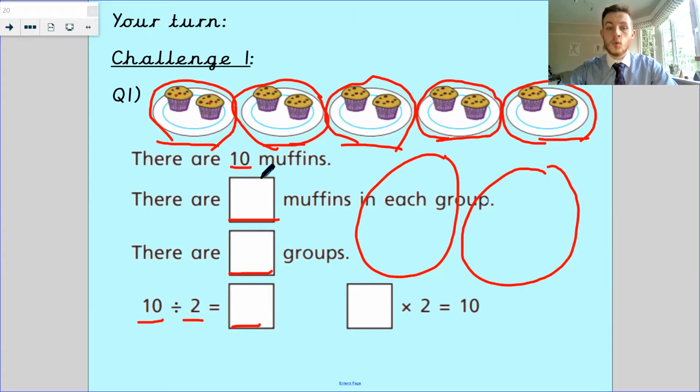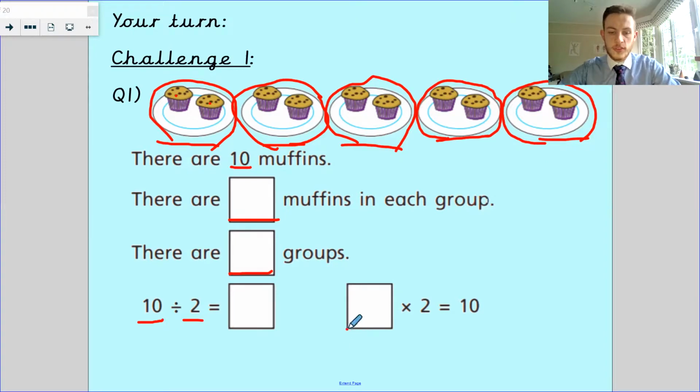So you were grouping, now you're going to be sharing, okay? Then you've got something times by 2 is 10. So you've got a number, lots of 2. So you've got so many lots of 2 is 10. So how many lots of 2 is 10? That's asking you for your group knowledge, okay?